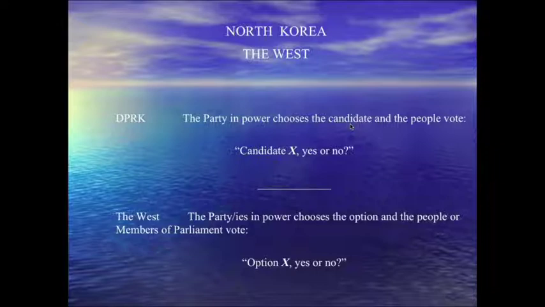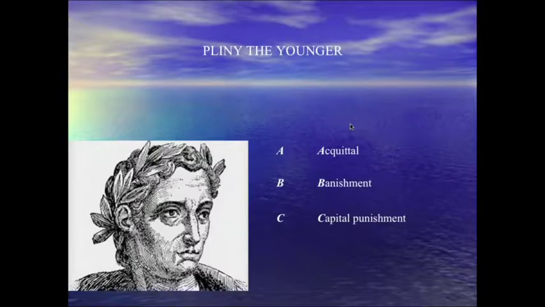And the first person, well, maybe not the first person, to note that maybe binary voting is not the most brilliant methodology was Pliny the Younger in a Roman court of law. The accused was charged with murder, and there were three options on the table for the jury: A, B, C, acquittal, banishment, and capital punishment.